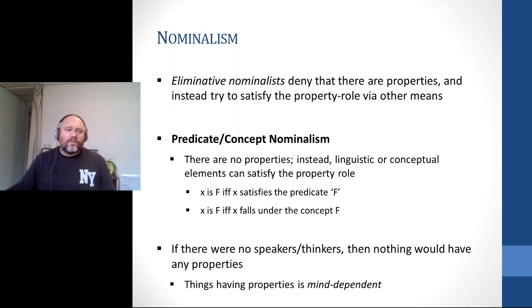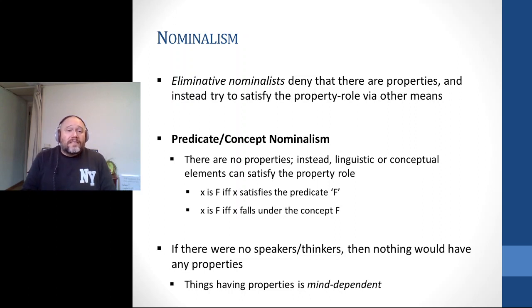So let's talk about a few. The first option is really a kind of pair, but they're very similar, so we can often treat them together. The first one is a kind of predicate or conceptual or concept nominalist. And the idea here is that we're going to deny the existence of properties and obviously also deny the existence of universals.